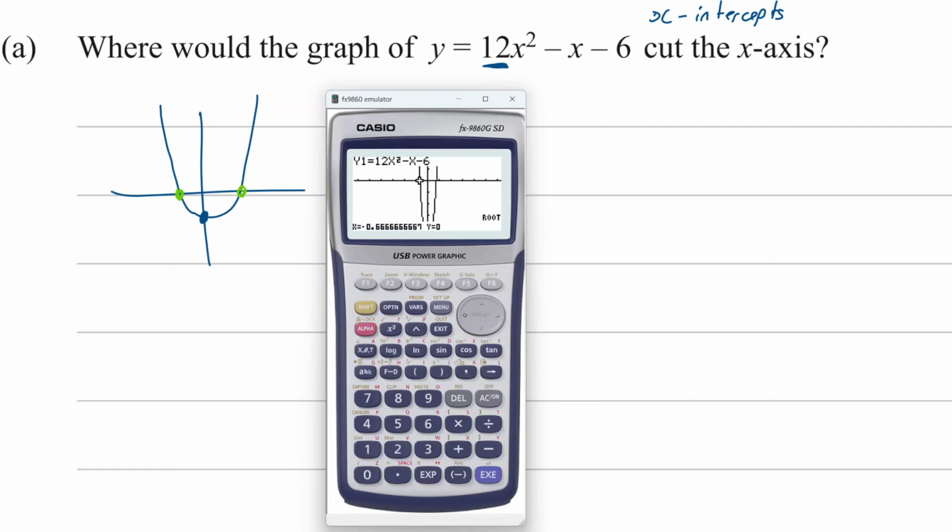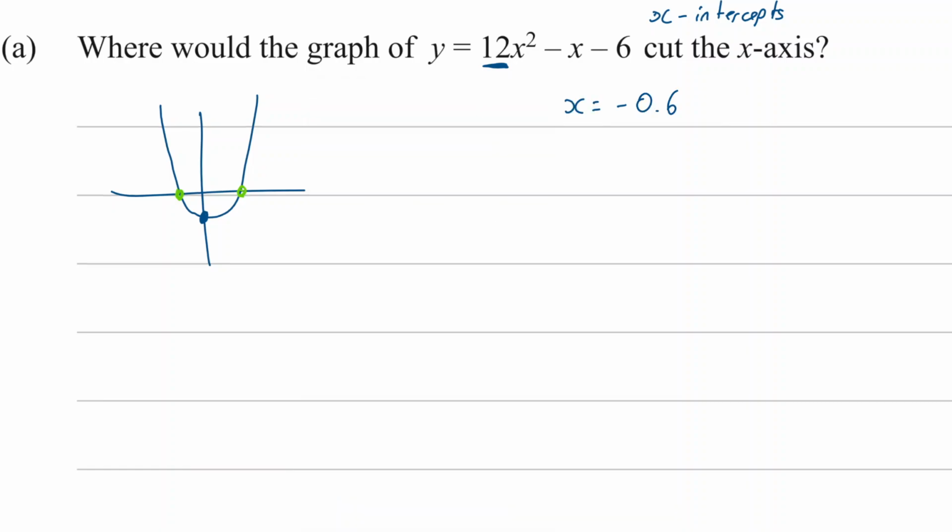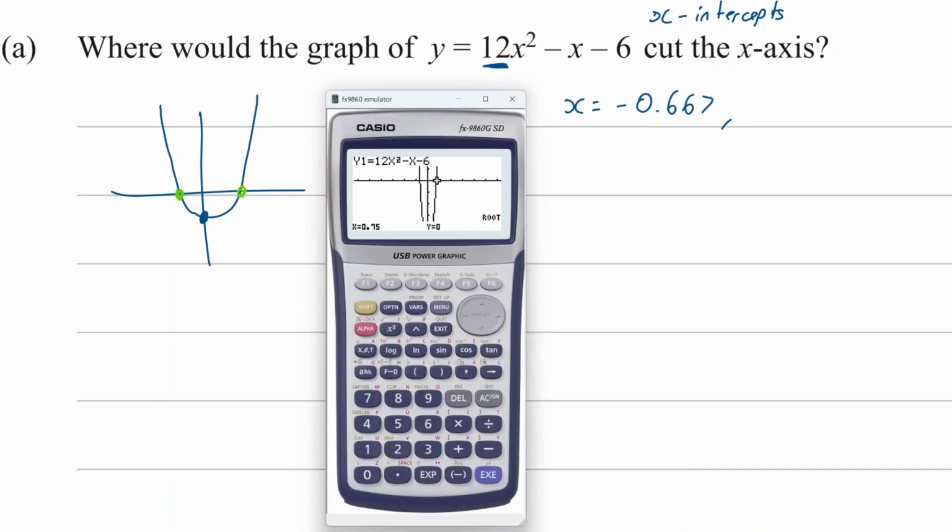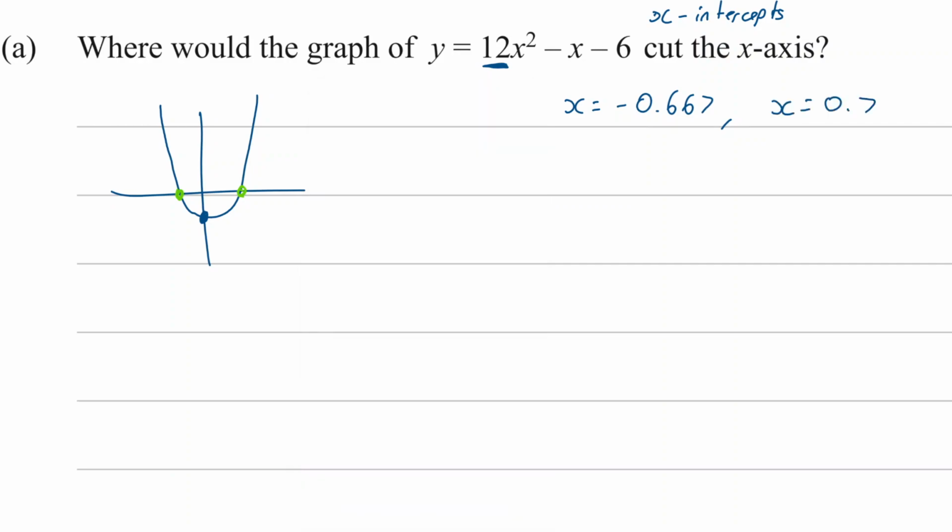So there's an x-intercept at -0.667 and x equals 0.75. All right, and technically we have answered the question, but I'll show you how to do it algebraically.